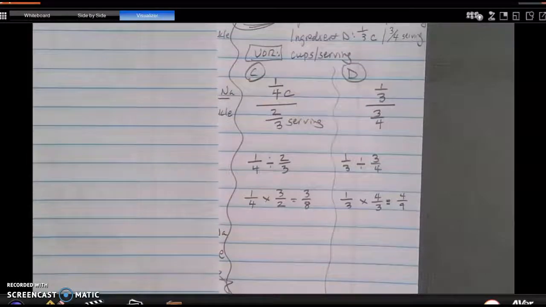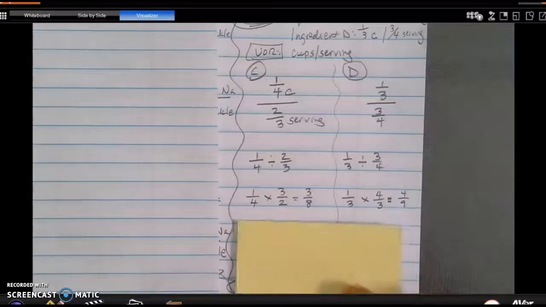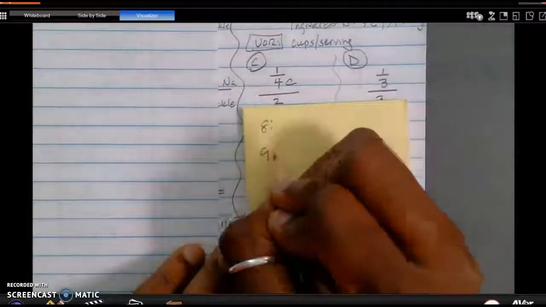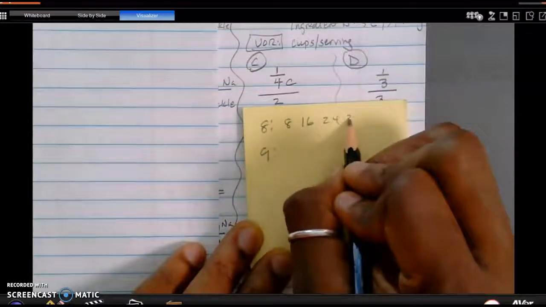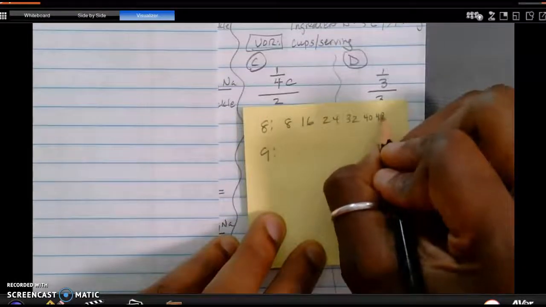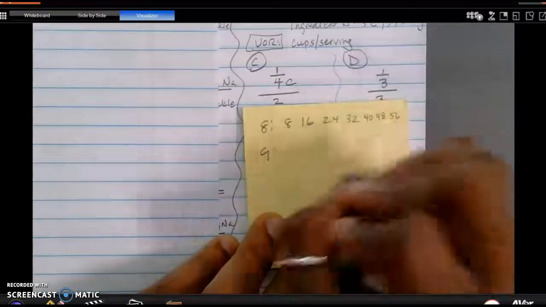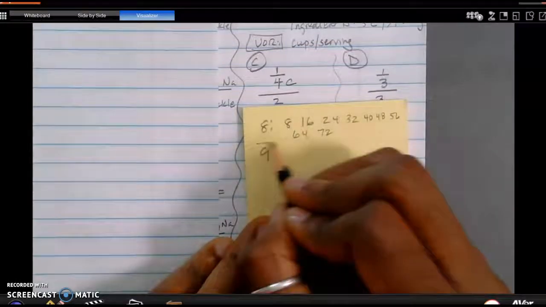This is a practical use for least common multiple. If I wanted to do that, let's do least common multiple, and I'm just going to do it on a little sheet of scratch paper. I'll post it. Okay, least common multiple of 8 and 9. 8 times 1, 8, 8 times 2, 8 times 3, 8 times 4, 8 times 5, 8 times 6, 8 times 7, 8 times 8 is 64, 8 times 9, 72.